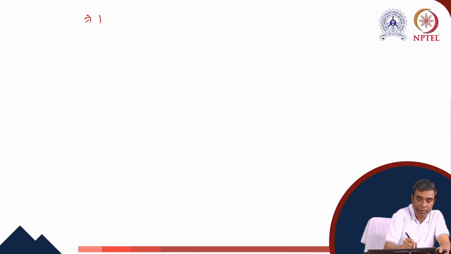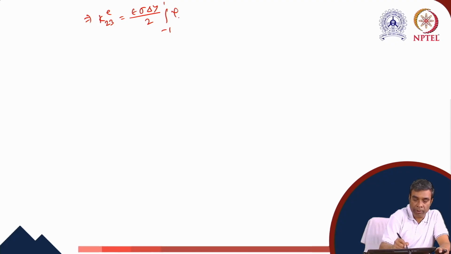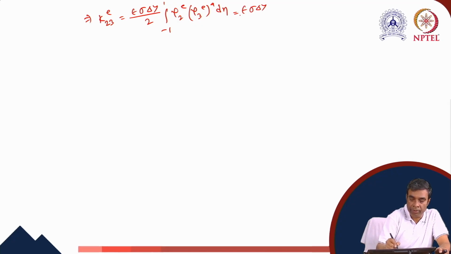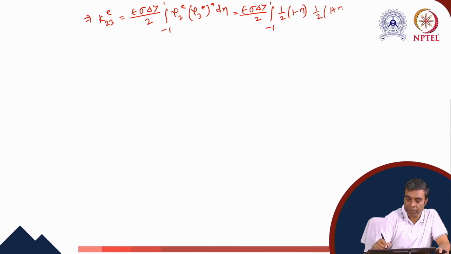This gives us K23E equals to epsilon sigma delta y by 2 integration from -1 to 1 psi 2e psi 3e to the power 4 d eta equals to epsilon sigma delta y by 2 integration from -1 to 1 half of 1 minus eta into half of 1 plus eta to the power 4 d eta.